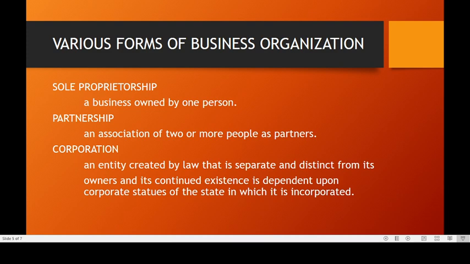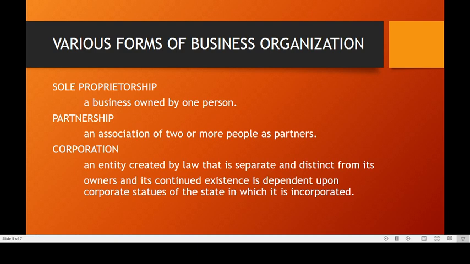The share of ownership of a particular person in that corporation is separate and distinct from the owners. Once you are a shareholder, your personality is different from the personality of the corporation, because the corporation has its own personality. Why? Because of an existing special law.